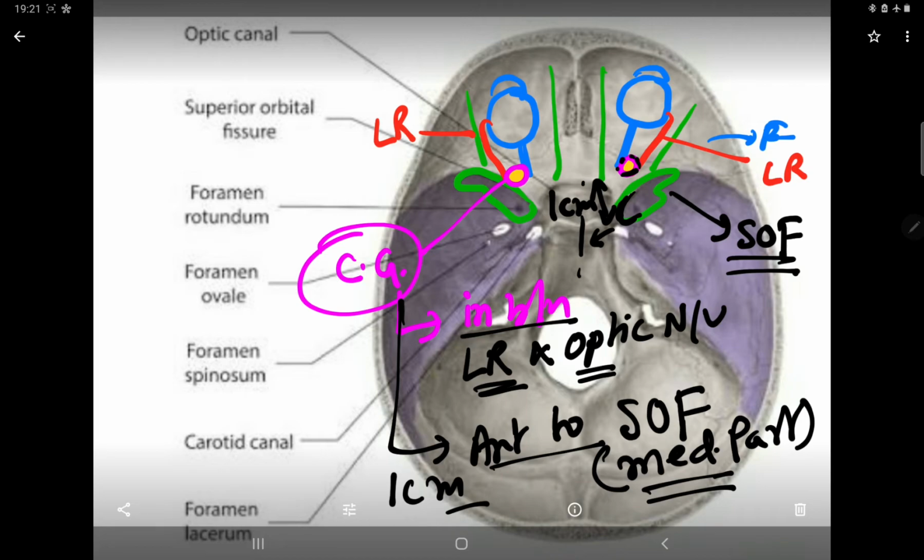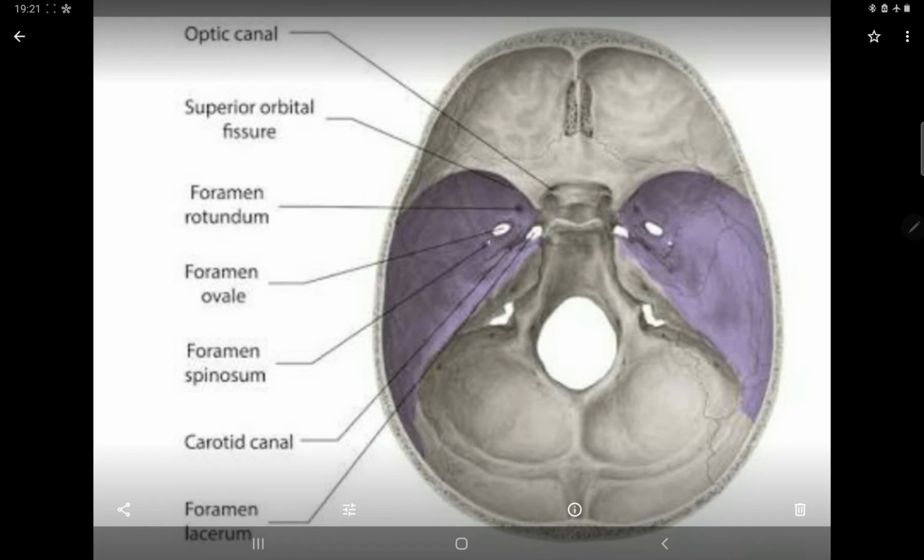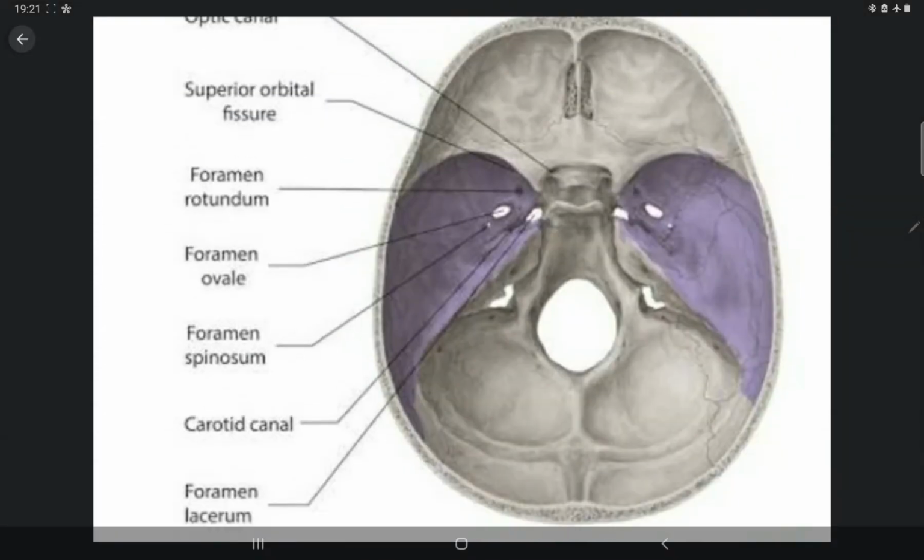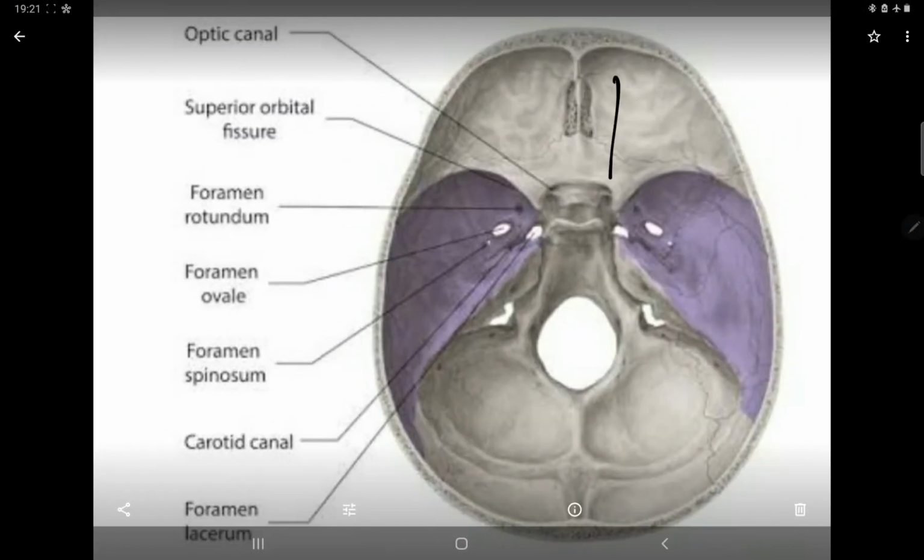Okay, so what is the location of your ciliary ganglion? Once again, this is your eyeball, optic nerve, and this is your lateral rectus muscle. This is your ganglion, and this is the superior orbital fissure. So the ciliary ganglion is located where?